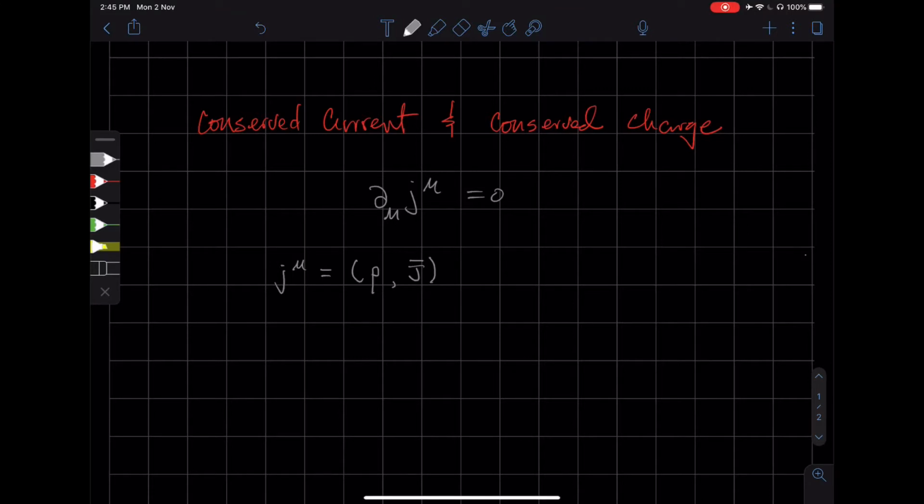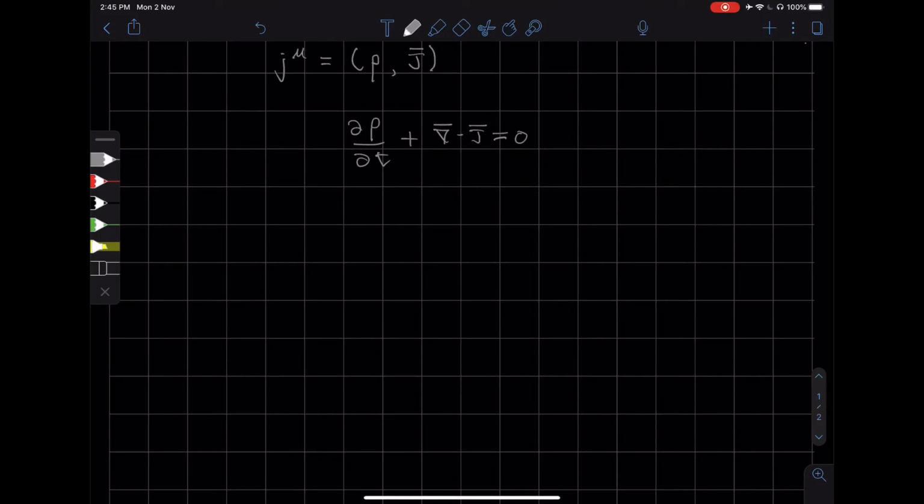So if you write this equation explicitly in terms of its components, then it becomes the time derivative of the charge plus the divergence of the current density is equal to 0. So this equation is known as the equation of continuity.